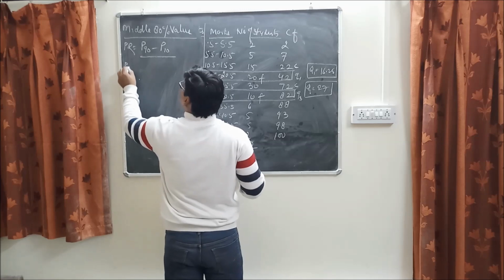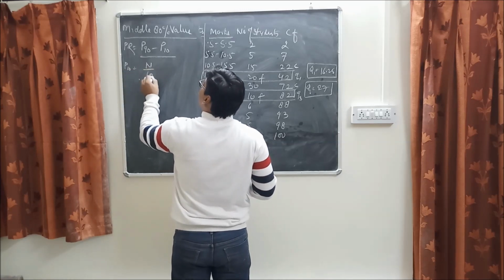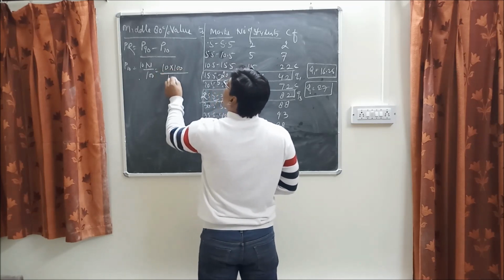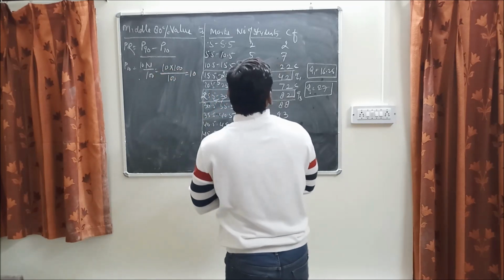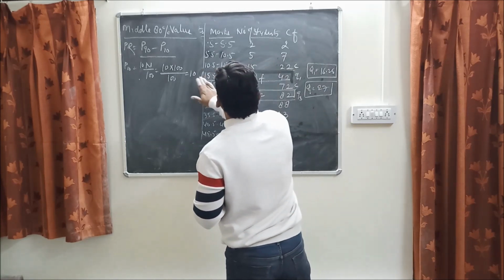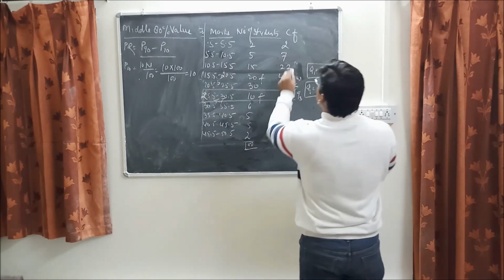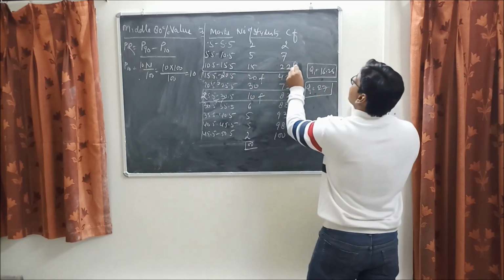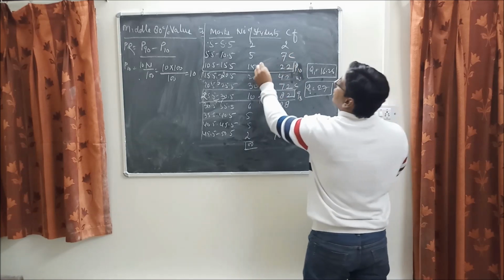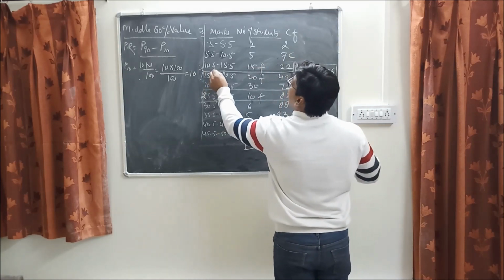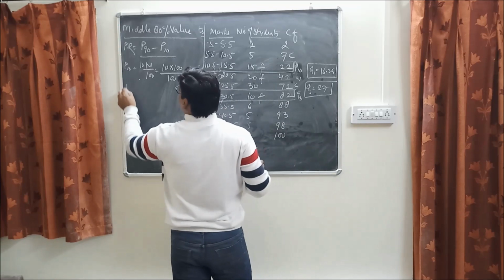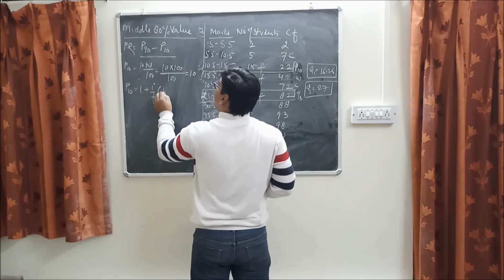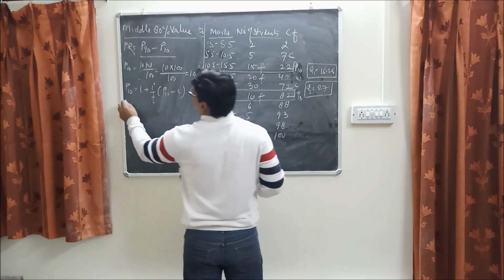First of all, we calculate P10: n upon 100 into 10. So 10 into 100 upon 100, it is 10. Now we see where 10 comes. 10 comes in 22. It is the P10 group, it is C, it is F, it is L and I equals 5. P10 equals L plus I upon F into (P10 minus C).